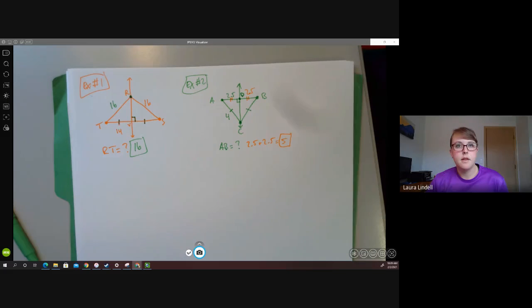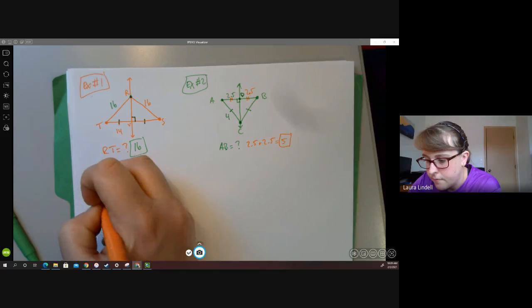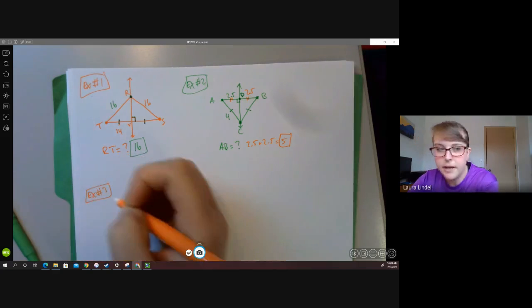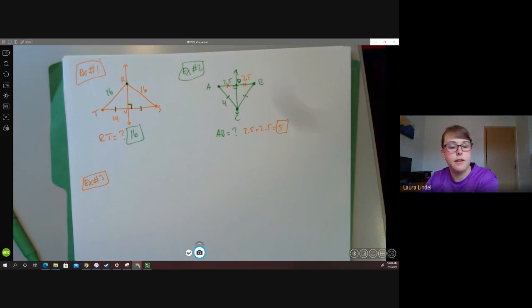Okay. So those are kind of the two basic cases of the problem. Then we'll have one more type where we bust out the algebra, since that's another thing we love to do in geometry class. Get the algebra going here. So one last type of problem here, before we can talk about angle bisectors real quick and then get out of here.